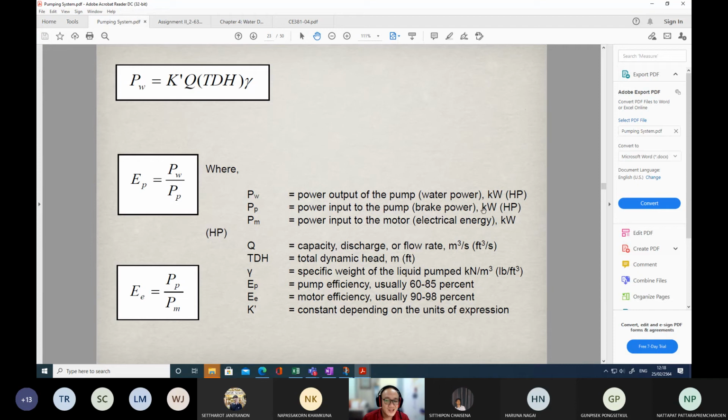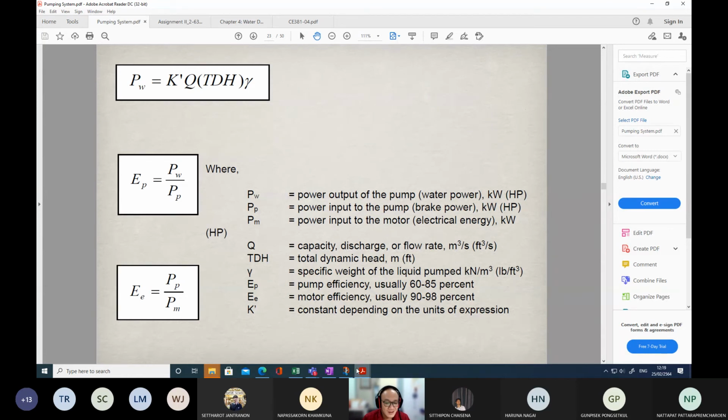So the unit is kilowatts because the specific weight of the liquid is given in kilonewton. If you are using Newton, the unit of power should be watt.